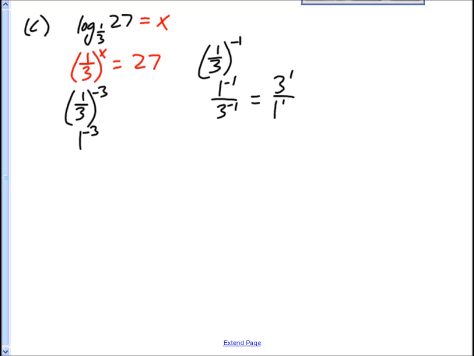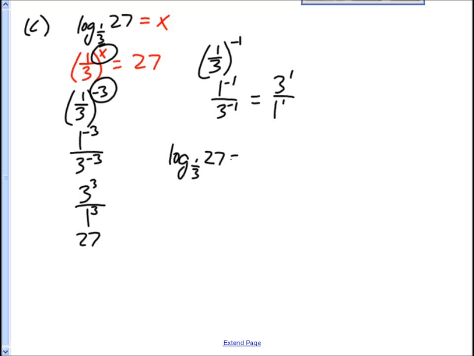That's 1 to the -3 over 3 to the -3. So the 3 to the -3 goes up. So you simplify that. There it is. 3 times 3 times 3 is 27 all over 1. Check mark. So x must be -3. In other words, log base 1/3 of 27 is actually equal to -3.